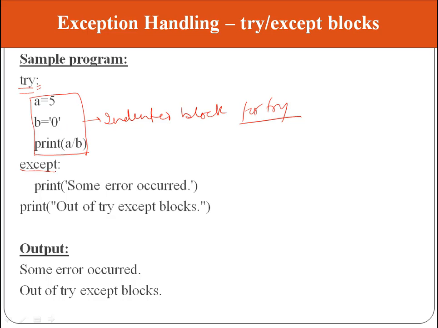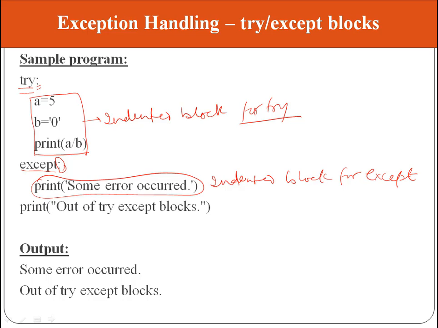Then we have the keyword except, then the colon, and this is the indented block for except. This print statement is again outside, at the same level as try and except.